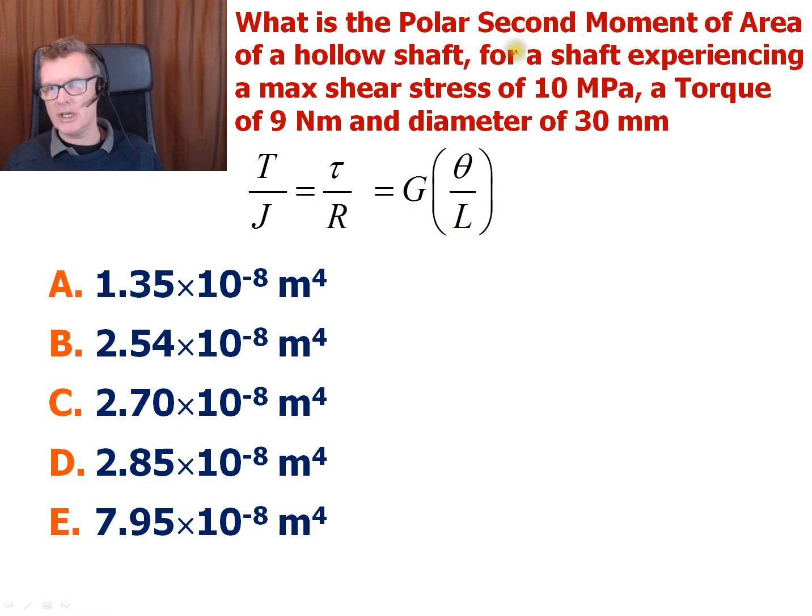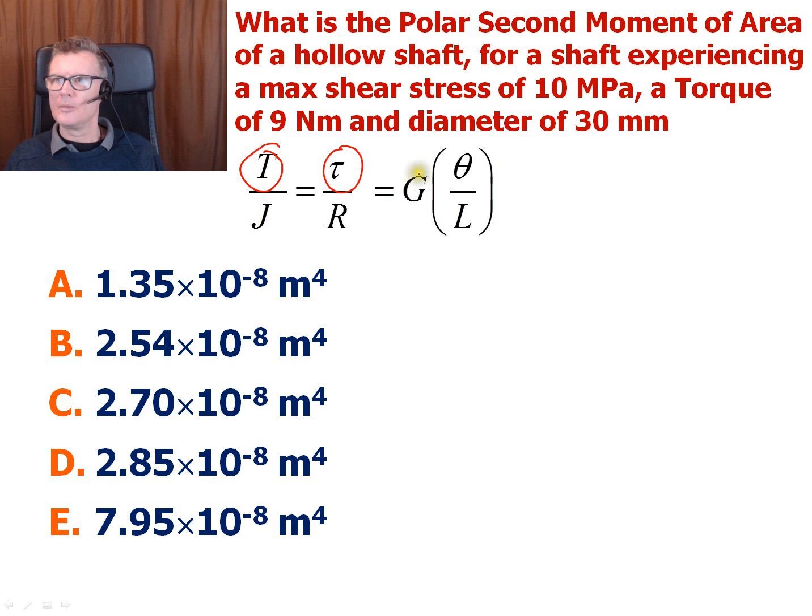What is the polar second moment of area of a hollow shaft? For a shaft experiencing a maximum shear of 10 megapascals, so we've got that value there. It's got a torque of 9 Newton meters. Okay. It's got a diameter of 30.